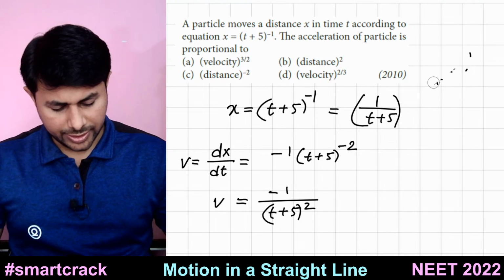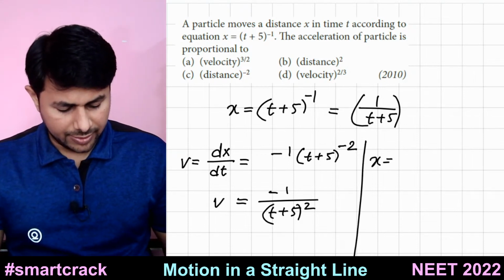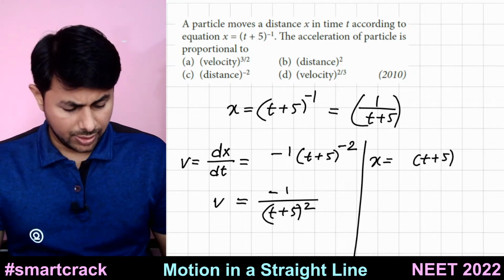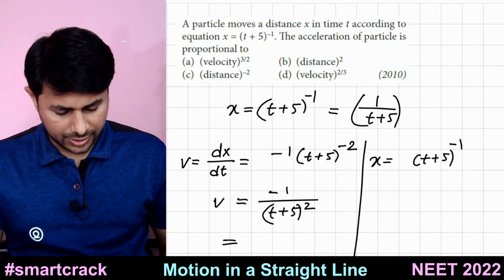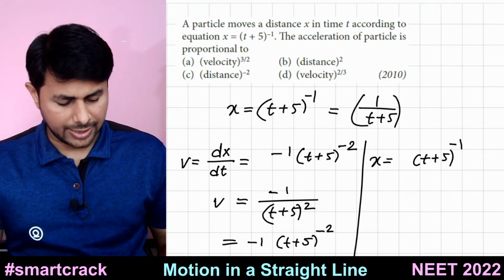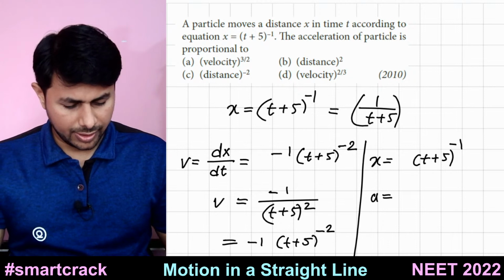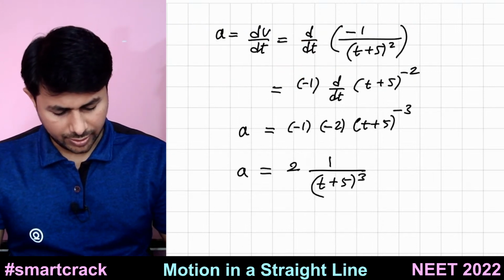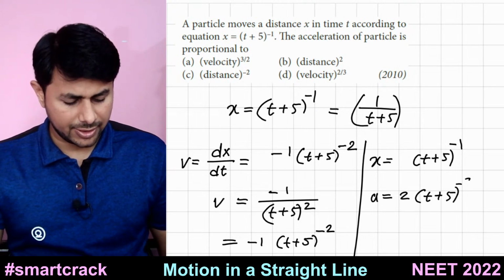So the formula for distance is what? x is equal to (t plus 5) raised to minus 1. The formula for velocity is minus 1 into (t plus 5) raised to minus 2. And the formula for acceleration is what? It is some constant 2 multiplied by (t plus 5) raised to minus 3.